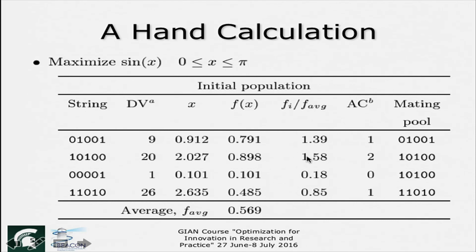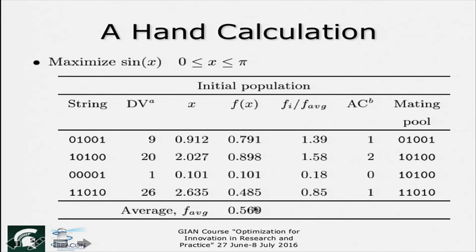Now we are applying 1 iteration of proportionate selection, 1 point crossover, and bitwise mutation. Okay, in order to do proportionate selection, I told you that this fitness has to be divided by the sum of the fitnesses. And then I would multiply with the number of population members. So basically, instead of dividing it by sum of fitness, I am dividing it by the average fitness.